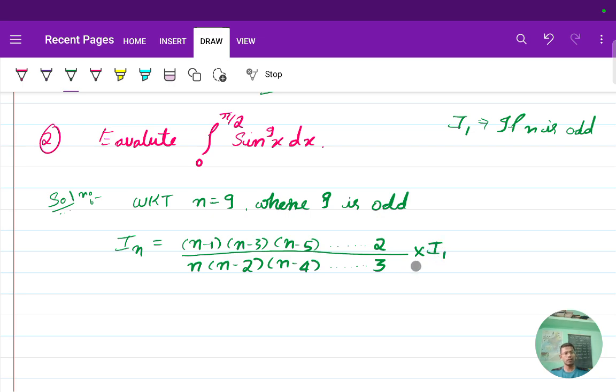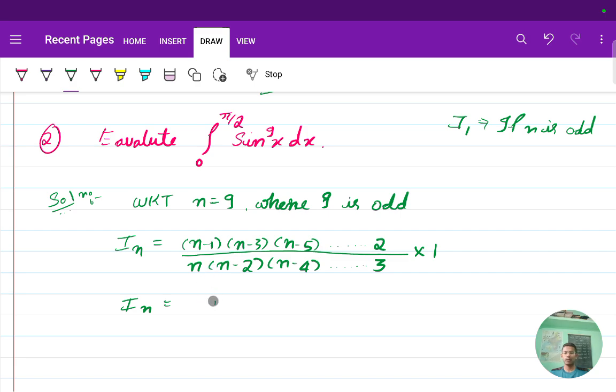In the previous lecture we already found the value of I1, which is 1. So let us substitute the value of I1.